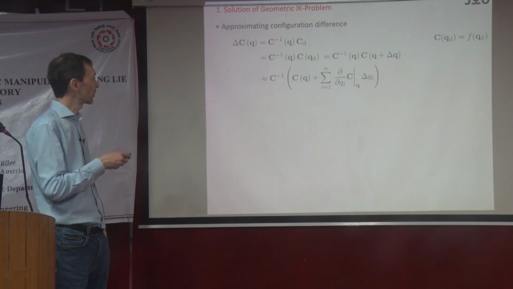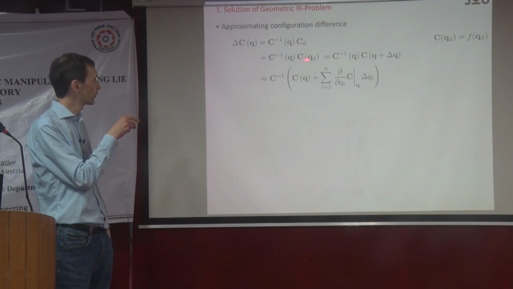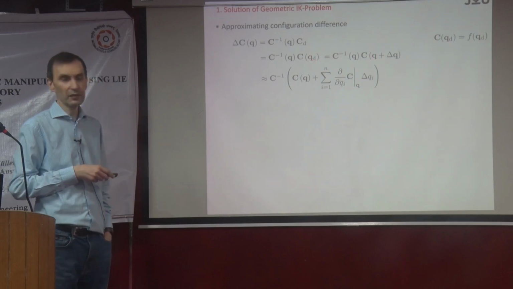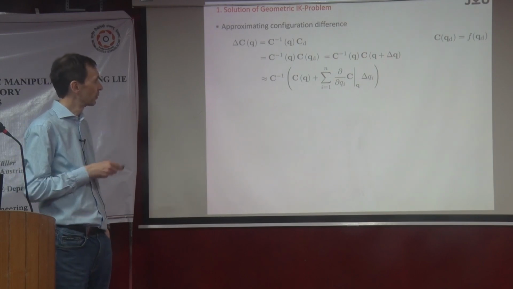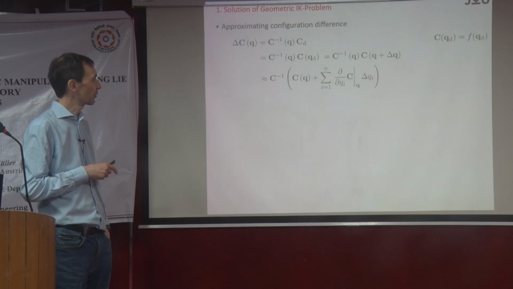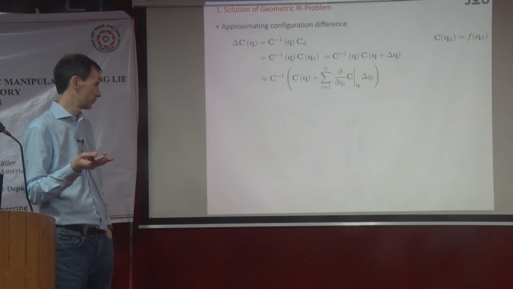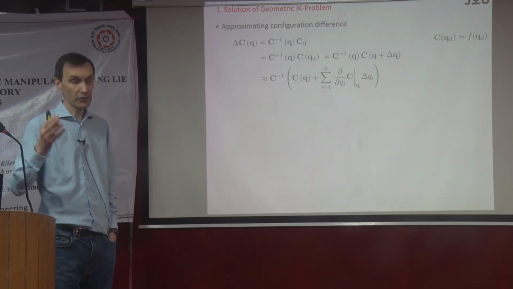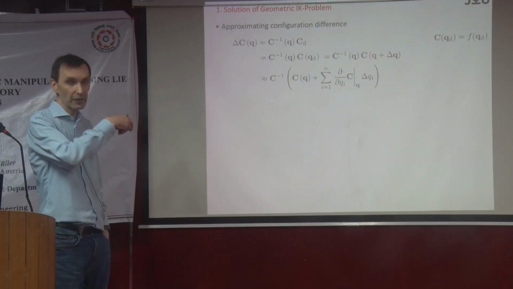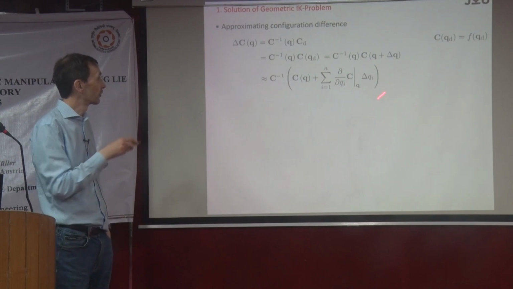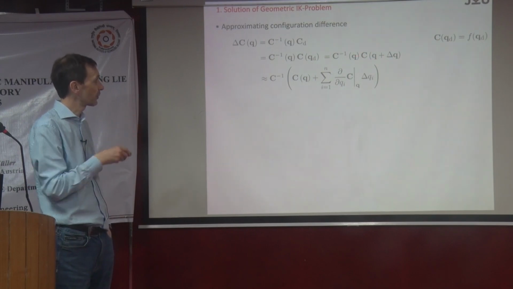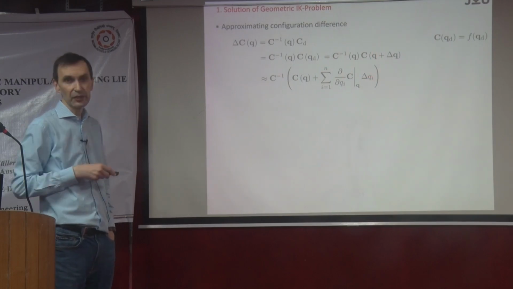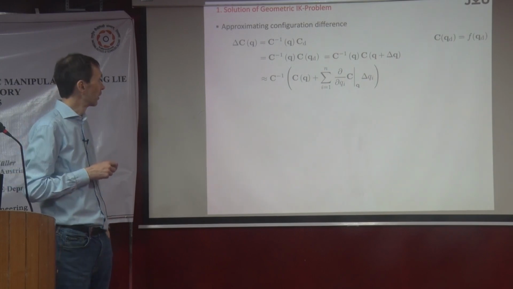So you expand this in a Taylor series at the point Q, and you truncate it after the first order, so just take the first partial derivative, because the Taylor expansion would go to infinity. If you take a Taylor expansion of a matrix or any function that depends on a vector, it's the sum of the partials times delta Q.